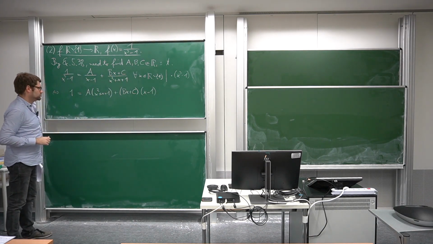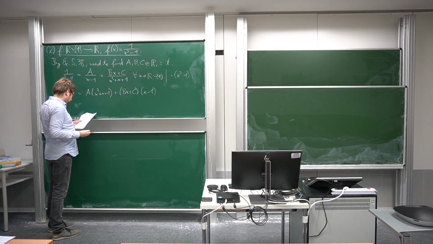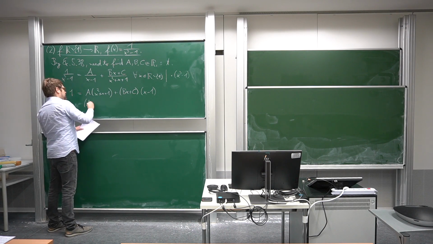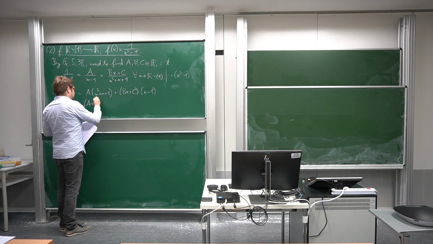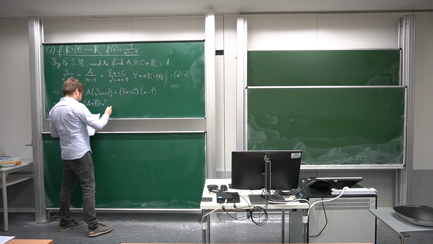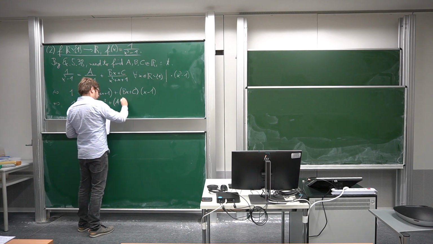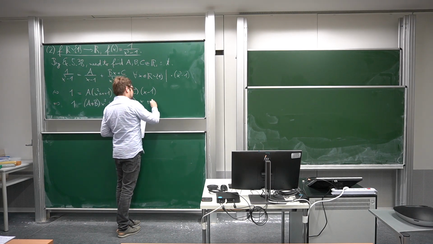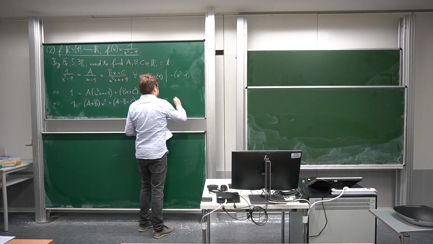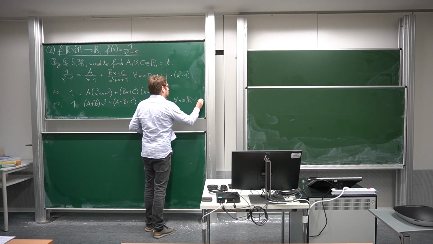Okay, this is a quadratic polynomial, and we just rewrite this by taking quadratic terms and linear terms separately. So 1 is equivalent to a plus b times x squared plus a minus b plus c times x plus a minus c, and this needs to hold for all x in R without 1.